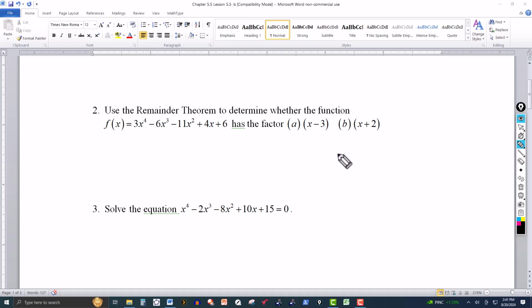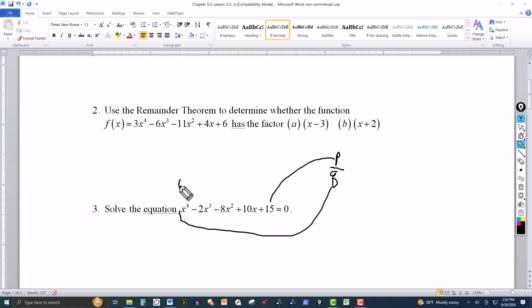The Rational Zeros Theorem tells me that if P over Q is a rational zero, that is one that is a fraction, like 3/5 or 1/2 or whatever, and this has to be in lowest terms, then P will be a factor of whatever this constant is, and Q will be a factor of the coefficient of the lead term.